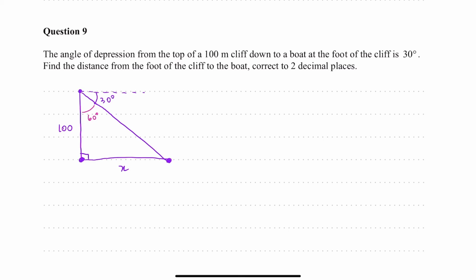We have opposite and adjacent, so let's say tan 60 is equal to x on 100. If you calculate this, we should get 173.21 meters, correct to 2 decimal places.